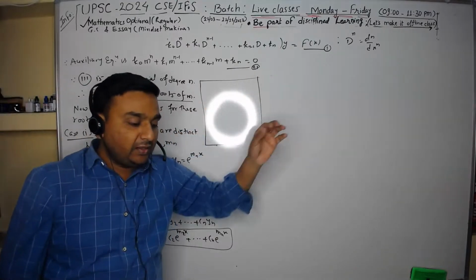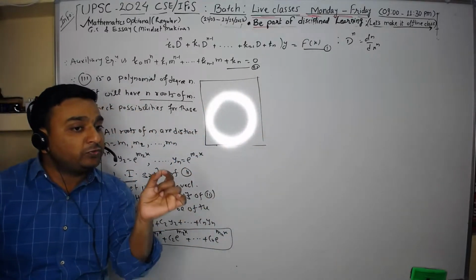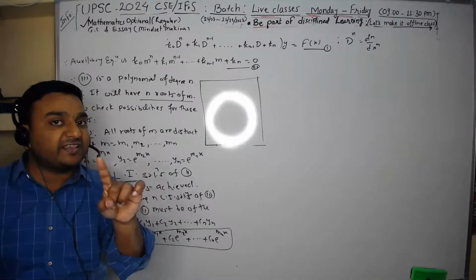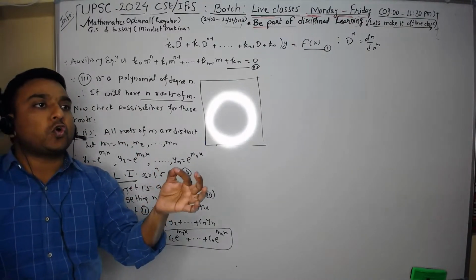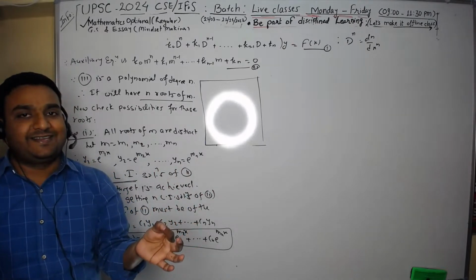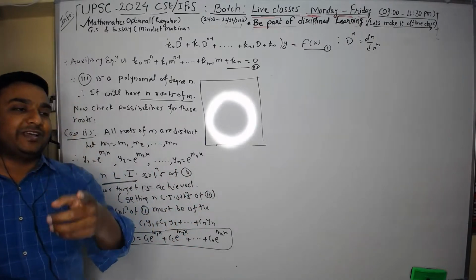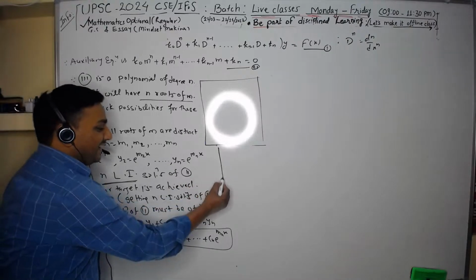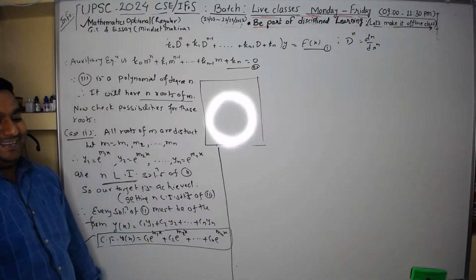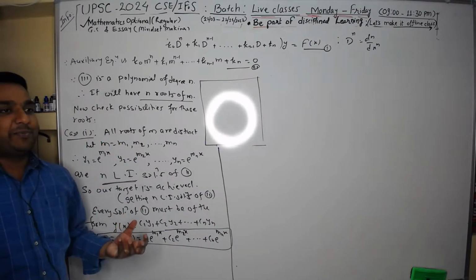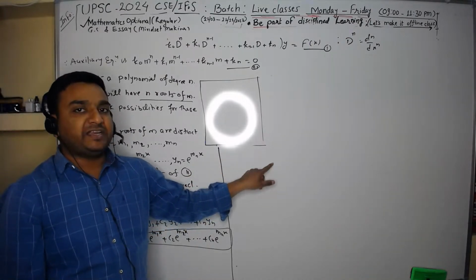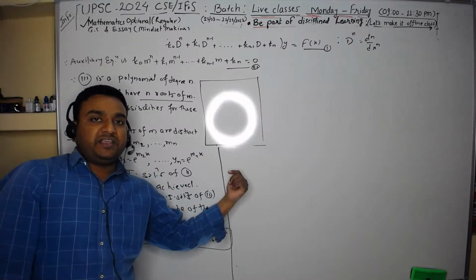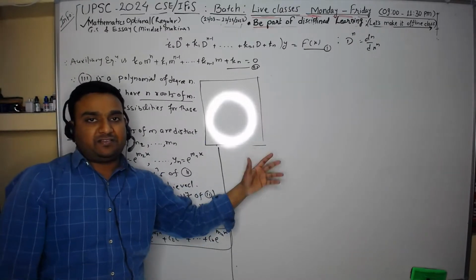When I took y equals e raised to the power mx as a solution, you could take y equals cos mx as a solution. And see what a blunder happens, try it at least once. If you take y as cos mx, y dash will become minus m sin mx, y triple dash again cos mx, then sin mx.